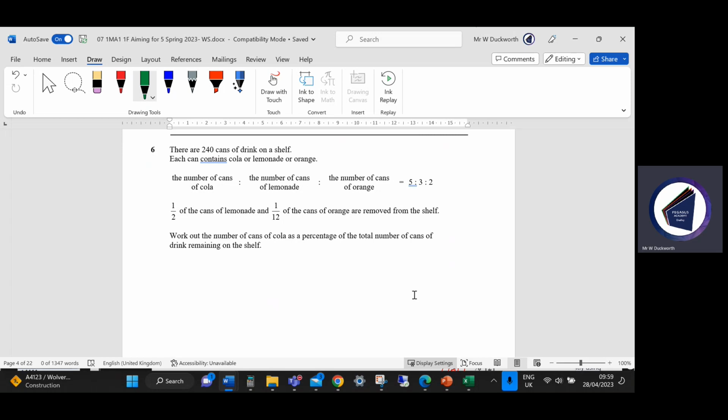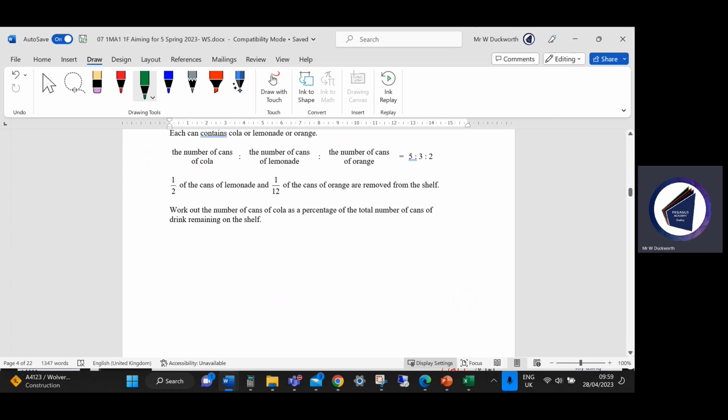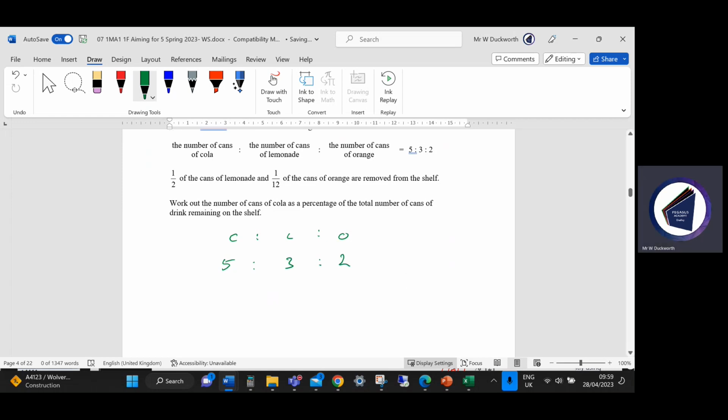Work out the number of cans of cola as a percentage of the total number of cans of drink remaining on the shelf. Okay, so I'm going to start off taking that again. So we've got cans, cola, lemonade, orange, 5:3:2.